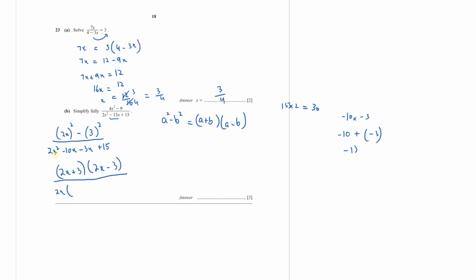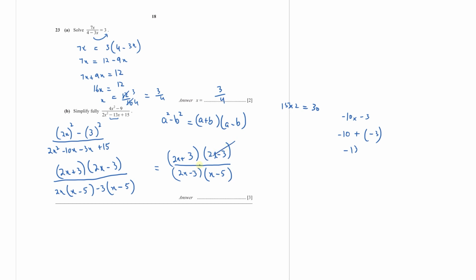This will leave me with x minus 5, and then I can take minus 3 common here, and this will leave me x and minus 5, because this is minus, this is plus here, so this will turn minus as well. And then I can take x minus 5 as common, so this will give me 2x plus 3 into 2x minus 3 over 2x minus 3 into x minus 5.